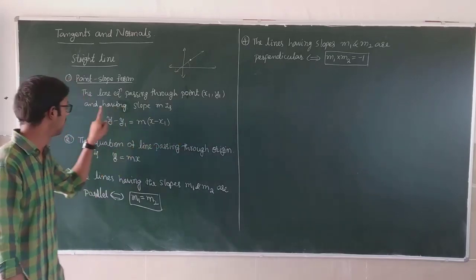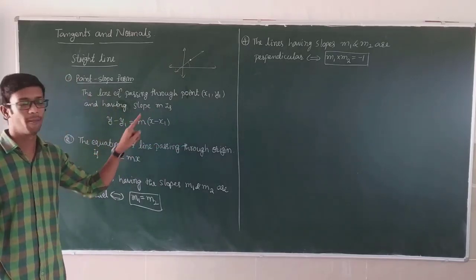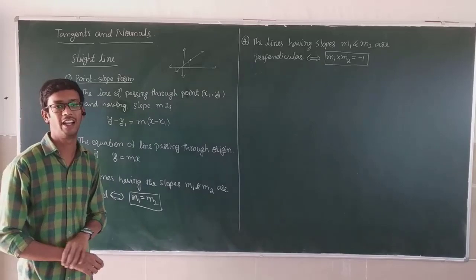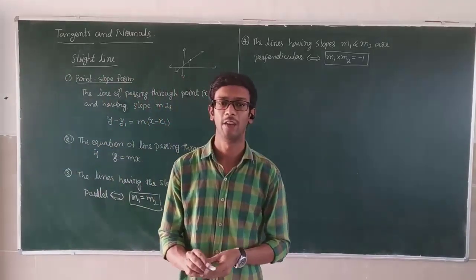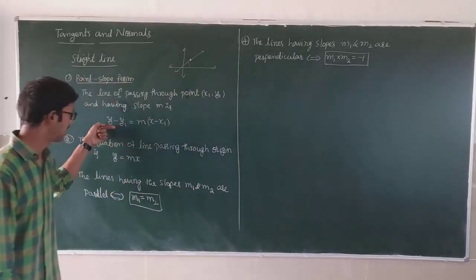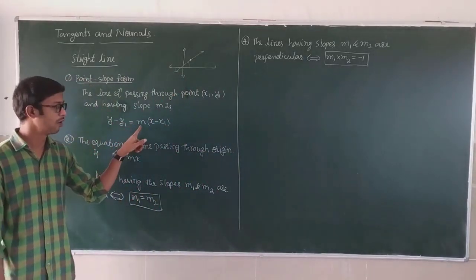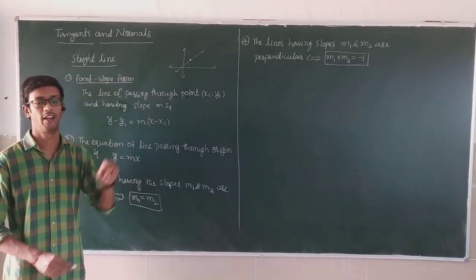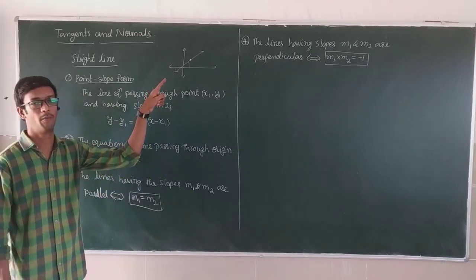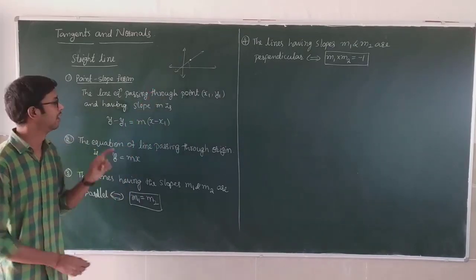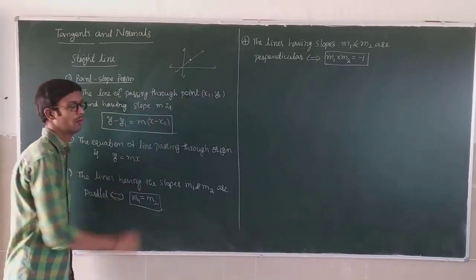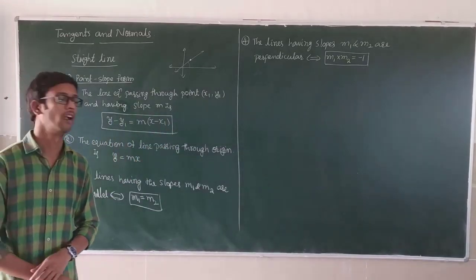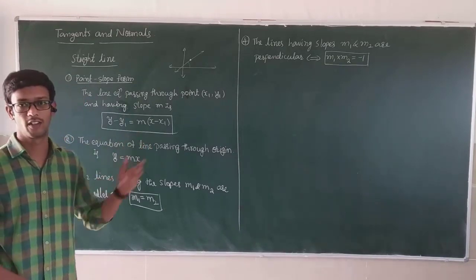Then the equation of the line is y minus y1 is equal to m into x minus x1. This is called the point slope form. In first year we have the proof also for this one.